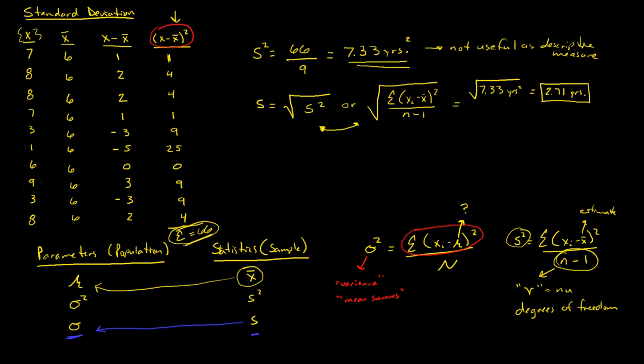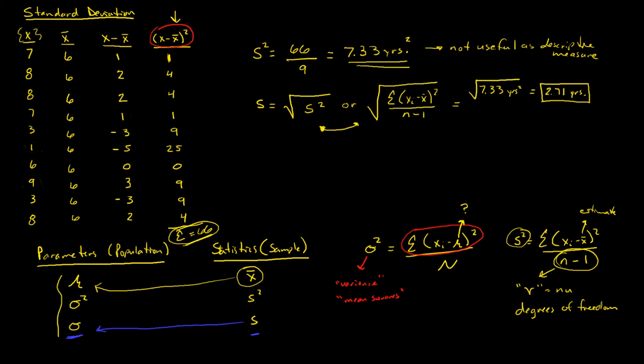Now the standard deviation is going to be used extensively. This idea of the standard deviation is going to get more fully developed when we start talking about the normal curve. But for right now, this is how you measure it. Again, pay specific attention to parameters.